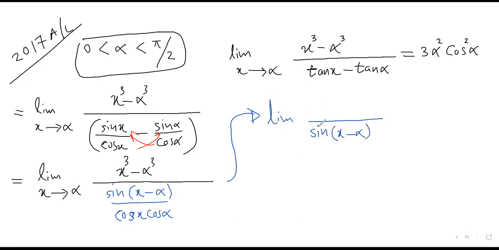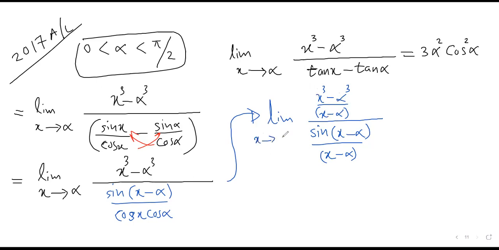Then divide by x minus alpha. The numerator also should be divided, x cube minus alpha cube over x minus alpha. You have to divide both the numerator and denominator by x minus alpha.